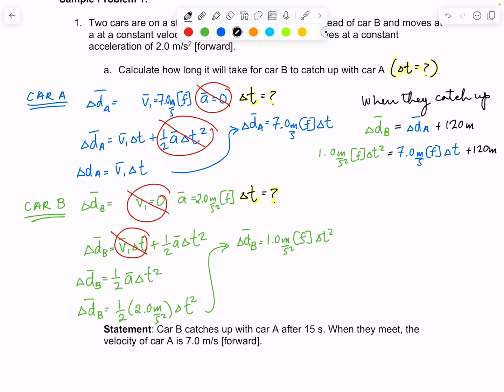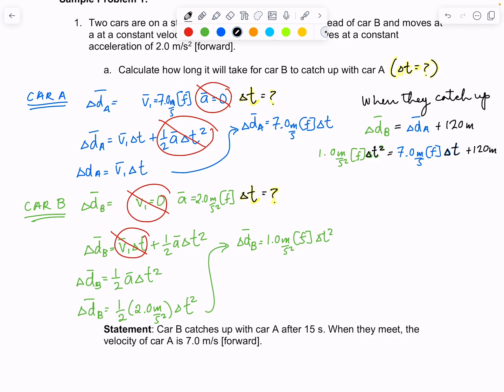So we're essentially solving for delta t. And you can see that we have delta t in two spots. We have delta t squared on the left-hand side and delta t on the right-hand side. If we have both delta t squared and delta t as unknowns, this forms a quadratic equation.